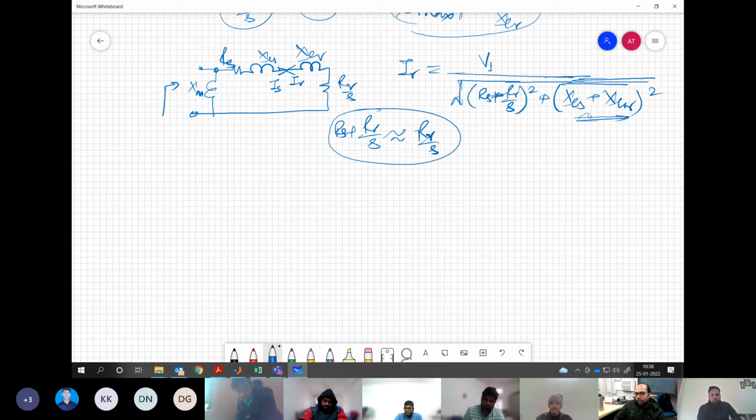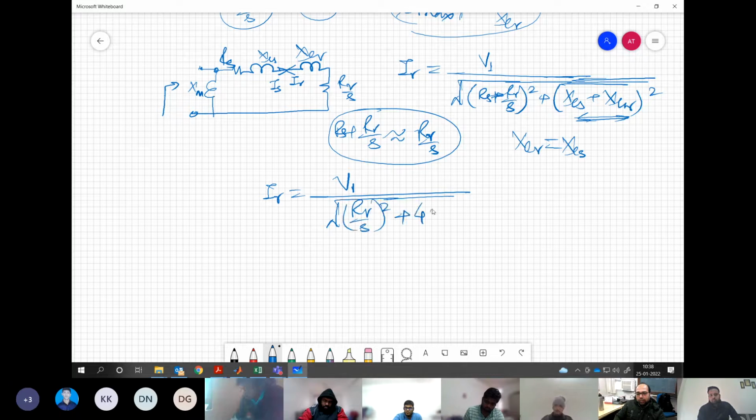And because for most of the common motors the leakage reactances of the rotor and stator are almost equal, this expression for IR can be written as V1 divided by the square root of (RR by S) whole square plus 4 XLR square. This point is clear, right?